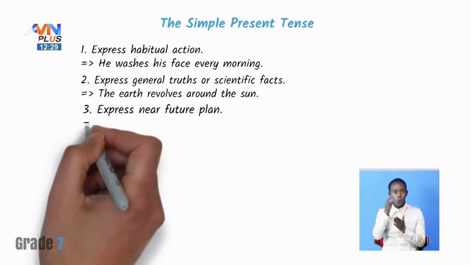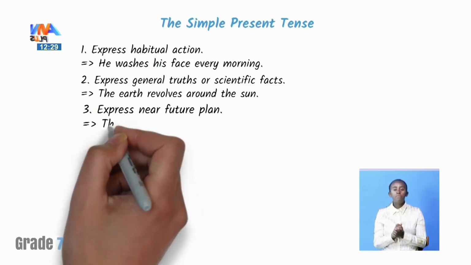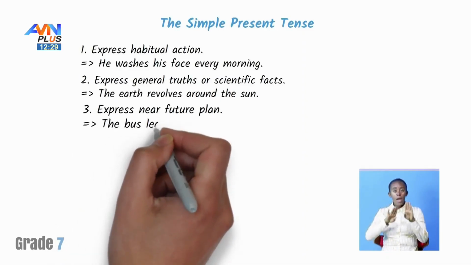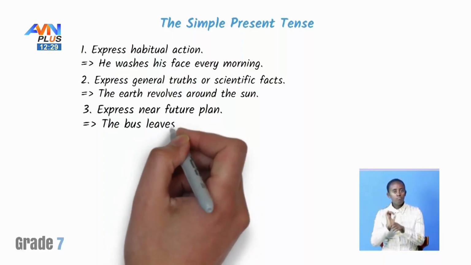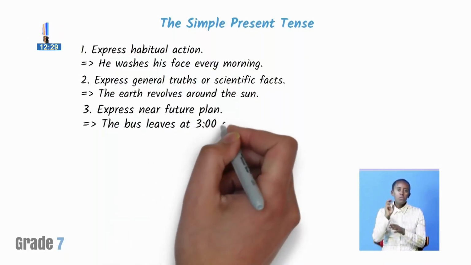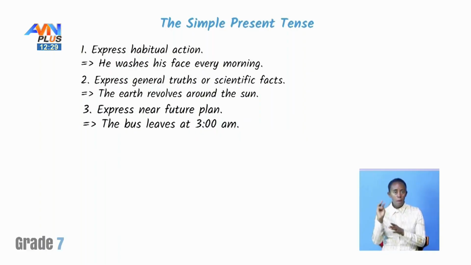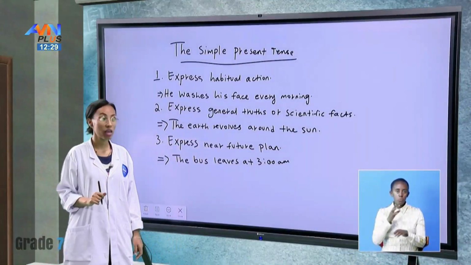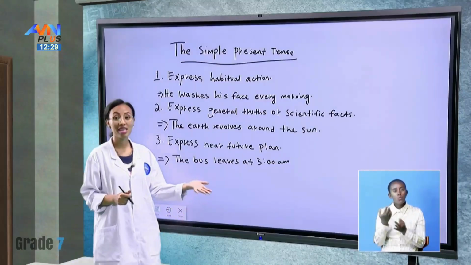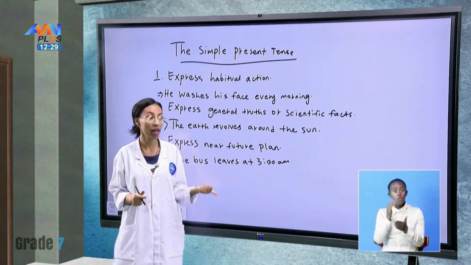For example, the bus leaves at 3 a.m. This is something that is preordained or predetermined, or it is a near future plan.